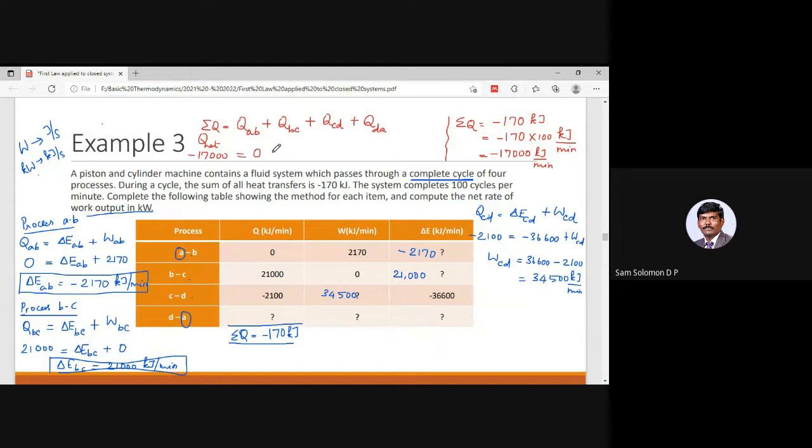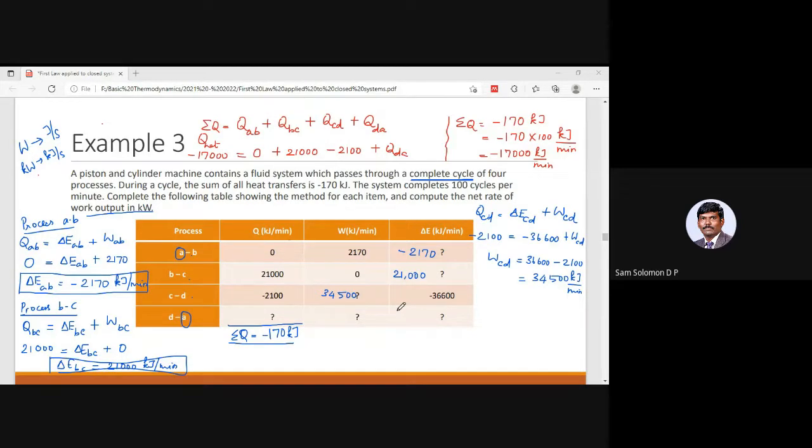QAB is 0. QBC is 21,000. And this is minus 2,100 plus QDA. Now you can take your calculator. Minus 17,000. This 2,100, if taken to the right hand side, becomes positive.